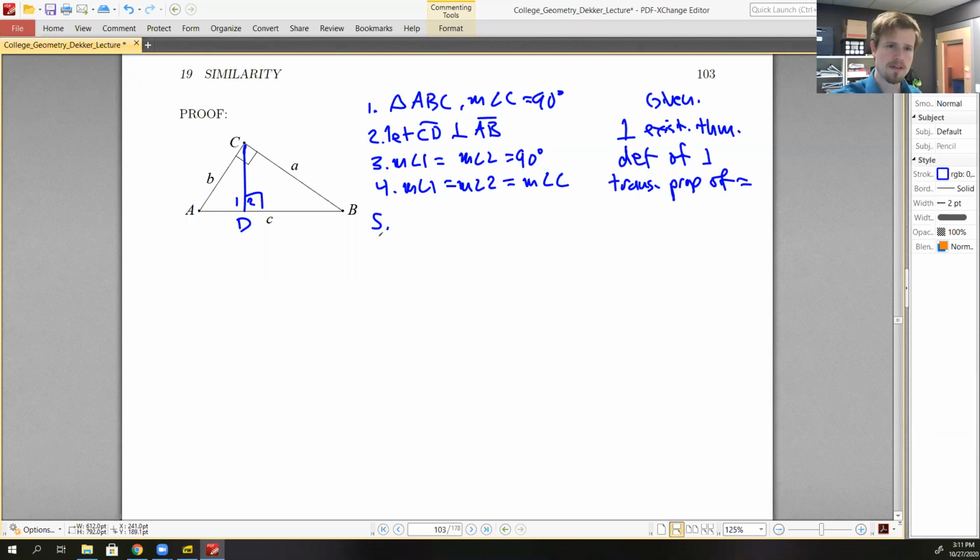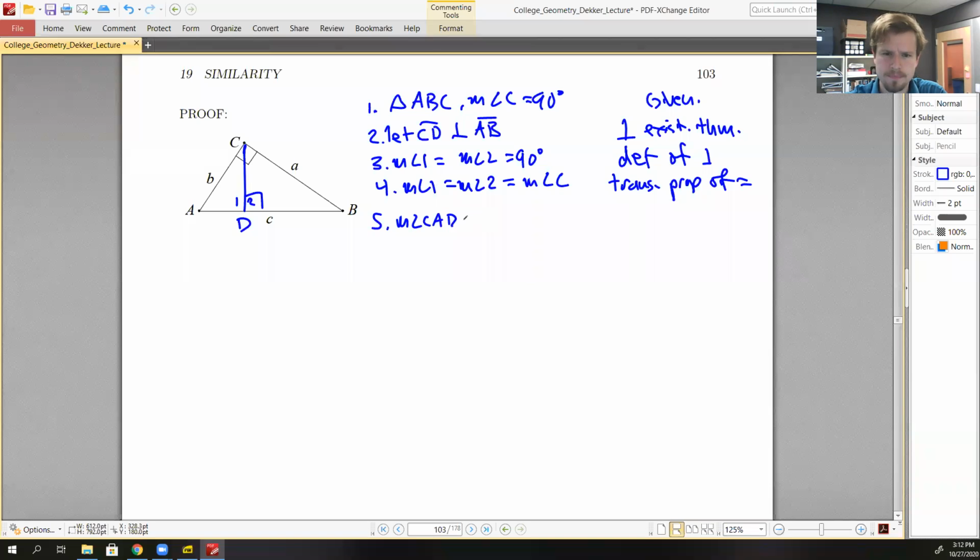All right, next we want to recognize what we talked about earlier, that the measure of angle CAD is equal to the measure of angle BAC. So we can talk about the similarity of those triangles.